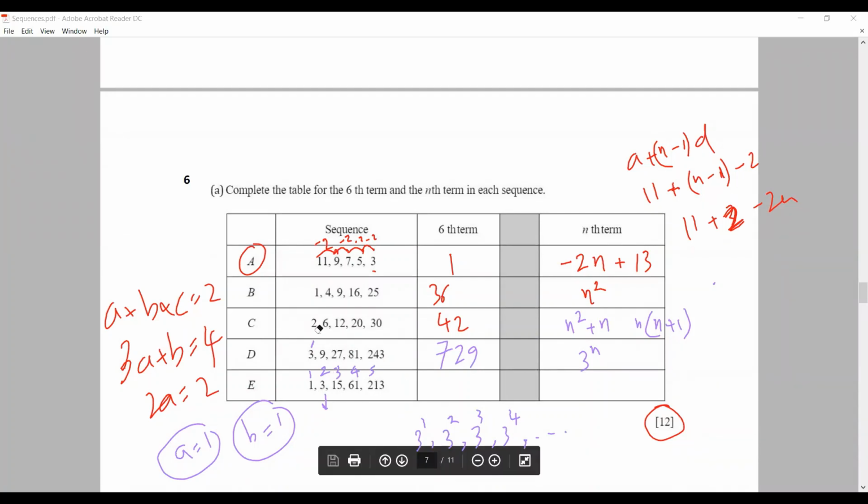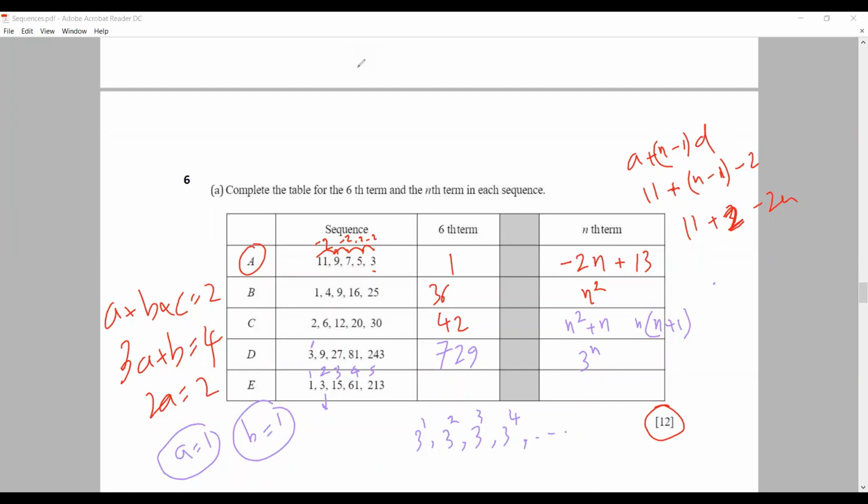Well, if you look at the terms of sequence E, it's not arithmetic, it's not geometric, and it's not quadratic nor cubic, because if you continue finding the first difference, the second difference, and the third difference, you won't reach a constant.